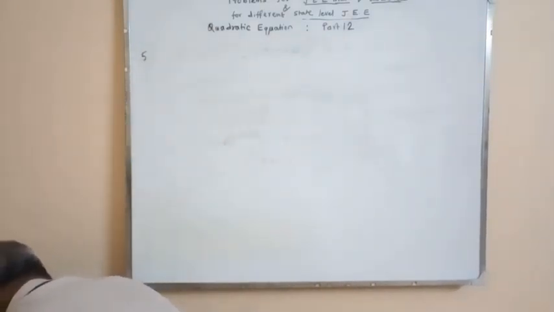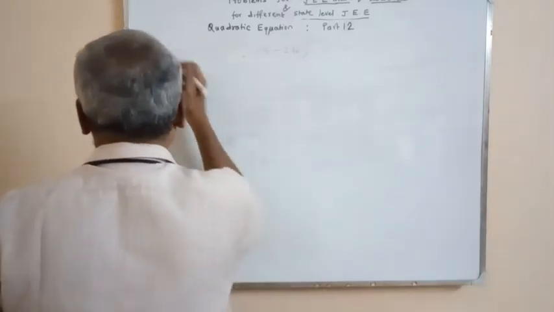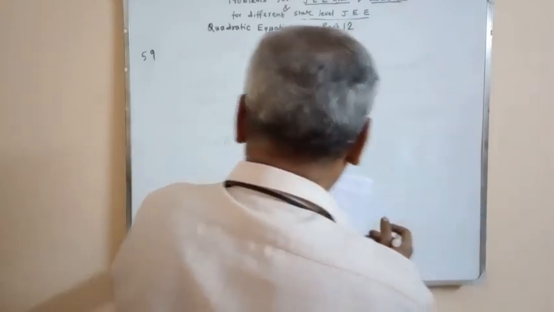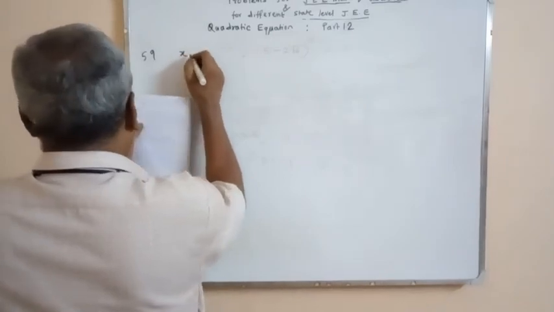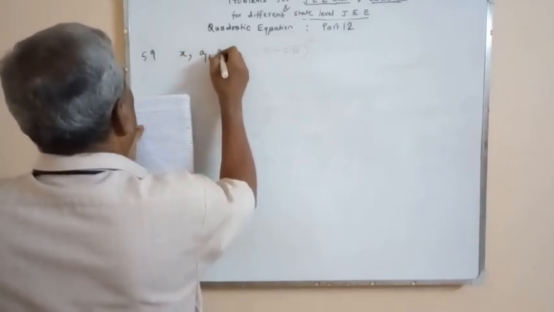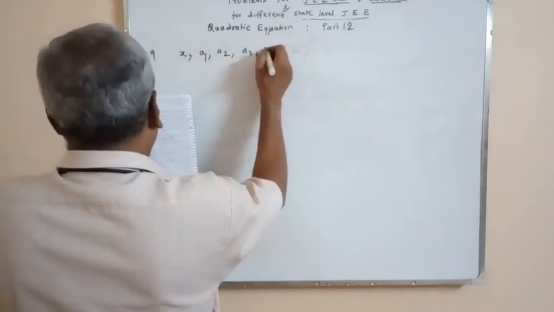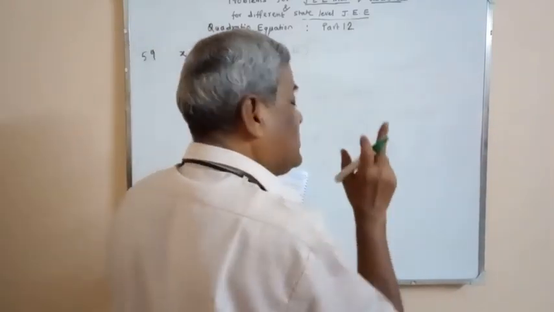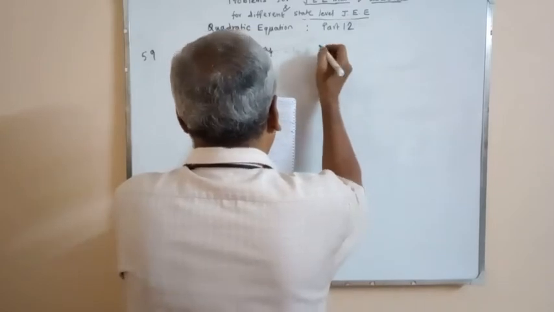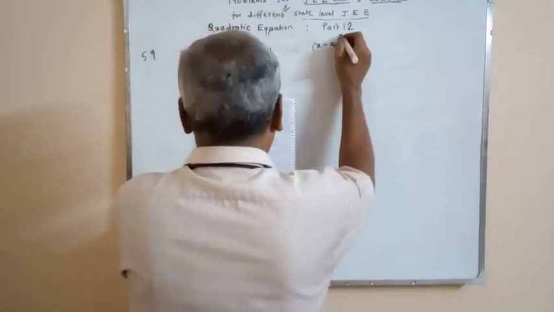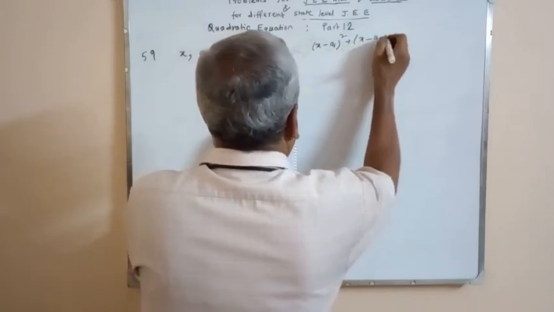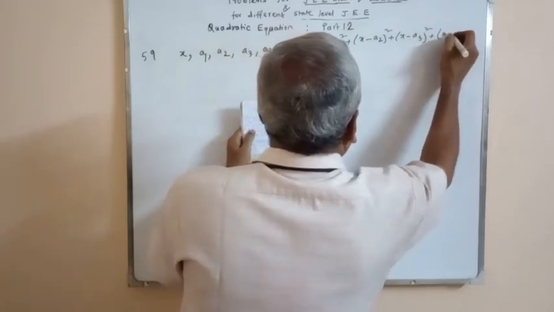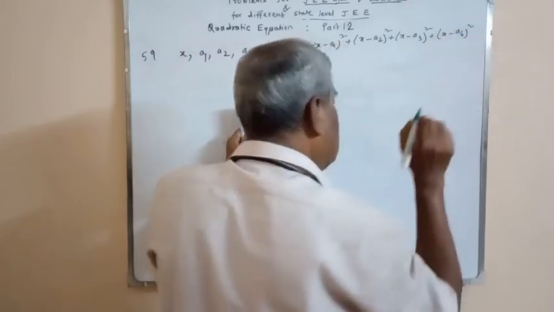Problem number 59 is: if x, a1, a2, a3 and a4 are real, then find the value of x for which (x − a1)² + (x − a2)² + (x − a3)² + (x − a4)² is least.